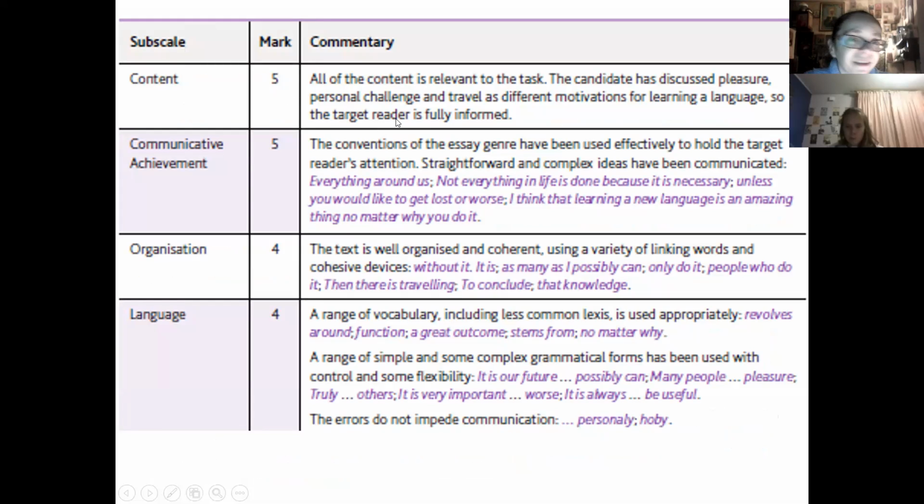We said 4 or 5. It was 5: pleasure, personal challenge, and travel. So just to get 5, you just need to discuss 3 components, 3 ideas.